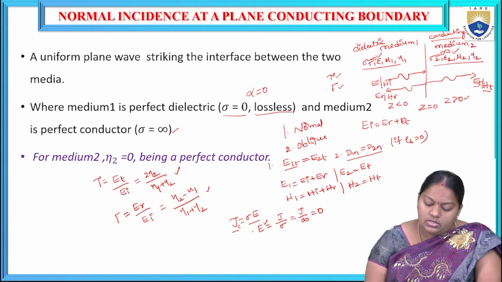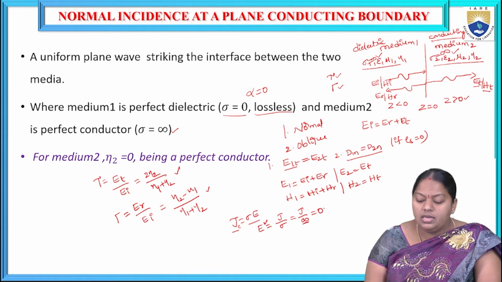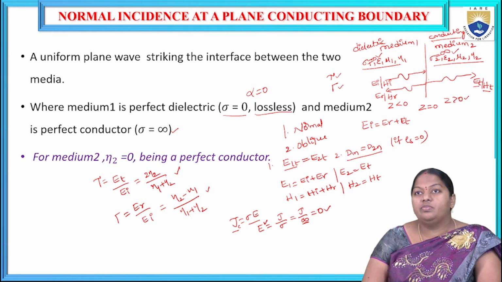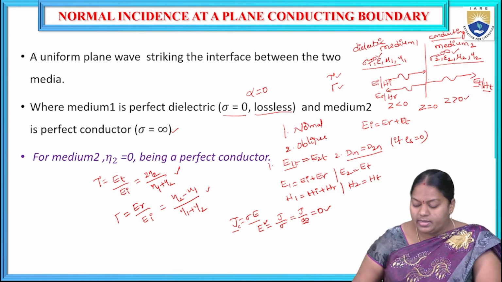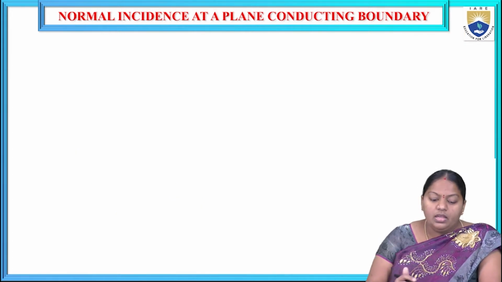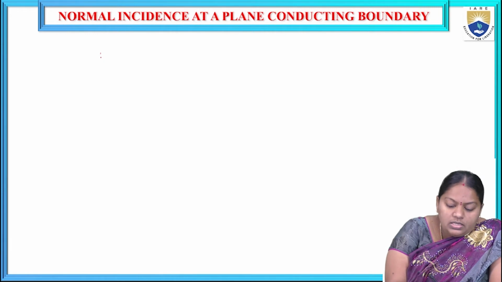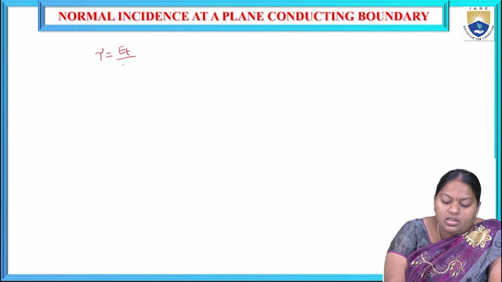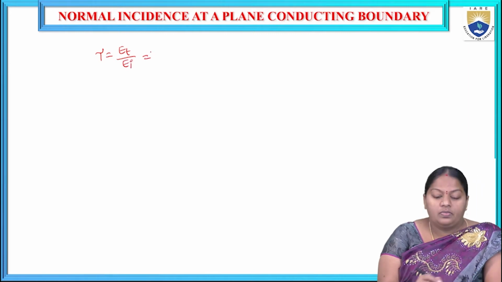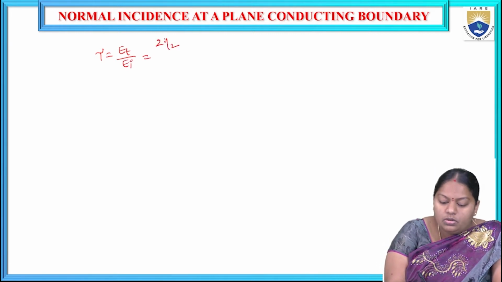Right? So JC equal to sigma into E. According to that, the relation for E is obtained as J by sigma. If you substitute sigma by infinity, E equal to 0 in the case of medium 2 considered as a perfect conductor. Right? So now, as we know, the transmission coefficient tau is the ratio of ET by EI equal to 2 eta 2 by eta 1 plus eta 2.